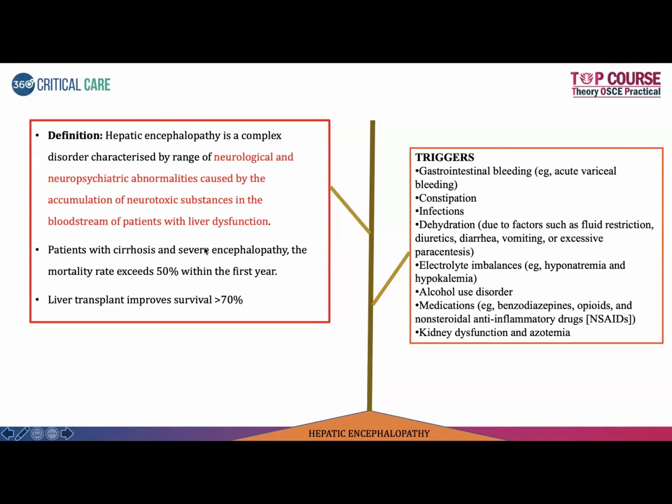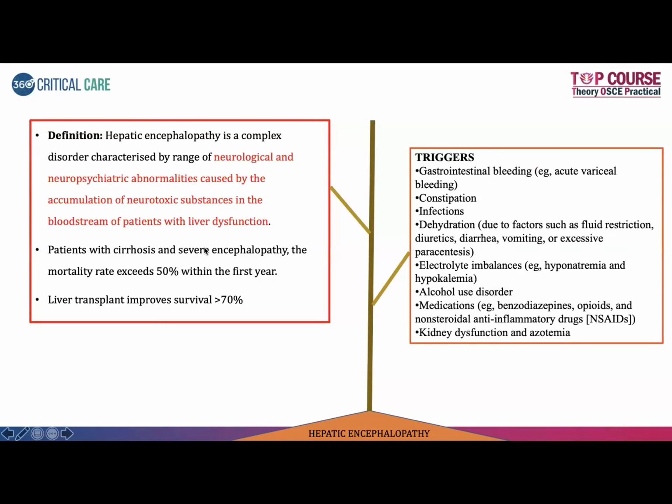So this is HRS-AKI. So you have cirrhosis with ascites, and you have the criteria fitting into acute kidney injury. That is increase in creatinine more than 0.3 milligrams per deciliter in 48 hours, or more than 50% increase in the last 3 months. This is followed by you rule out other causes.